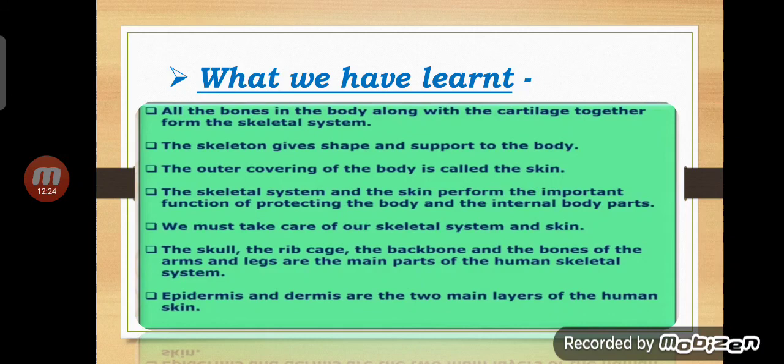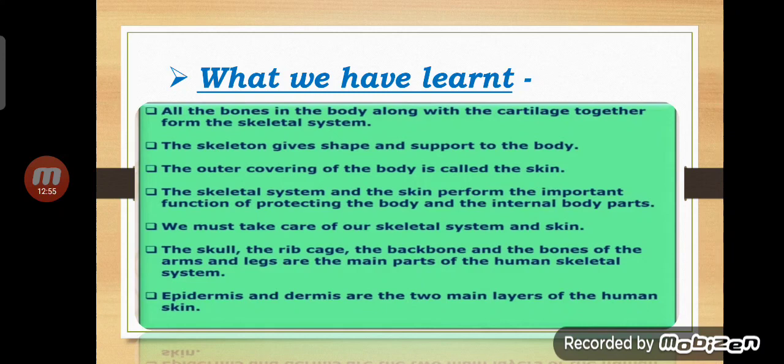Now it's time for recap, children, what we have learned in this lesson. So far, children, we have learned the first one: all the bones in the body along with the cartilage together form the skeletal system. The next one, the skeleton gives shape and support to the body. Third one, the outer covering of the body is called the skin.